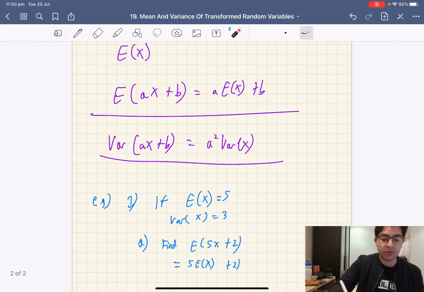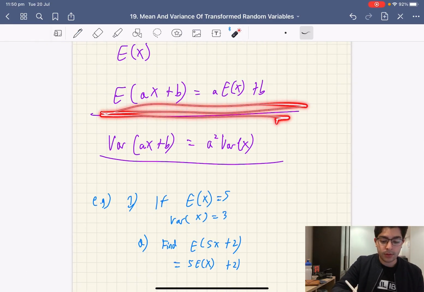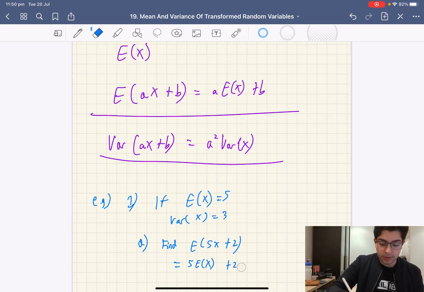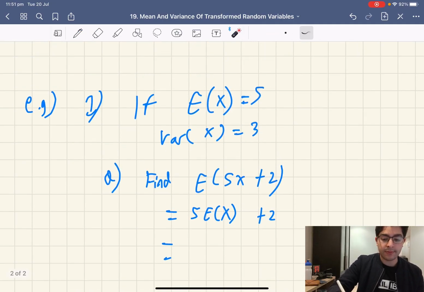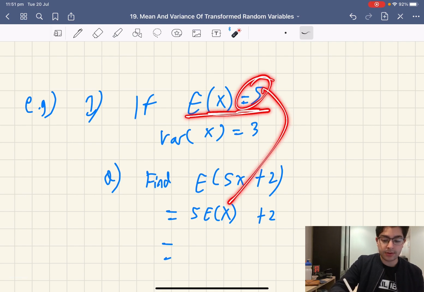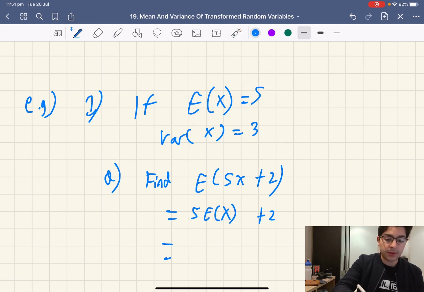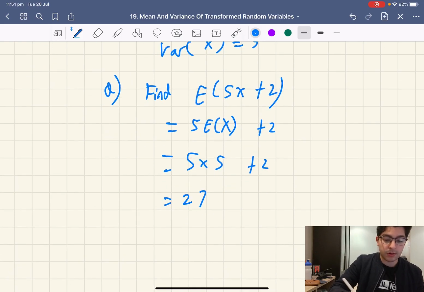All I have done is use this formula here, pulled the coefficient on the outside and then put 2 at the end. Now we know E of X is 5, so we can plug that in. So it's going to be 5 times 5 plus 2, which is going to be 27.